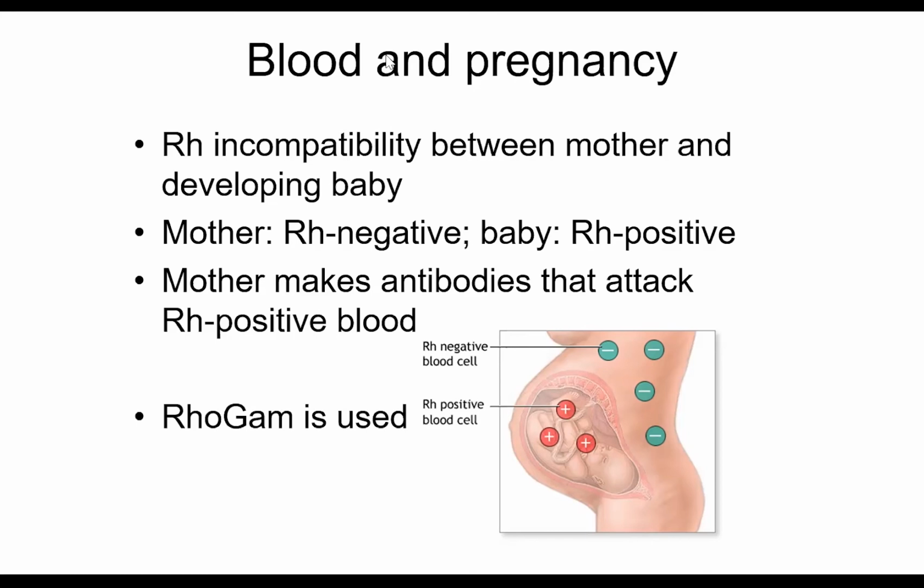Therefore, drugs such as RhoGAM, which is an antibody that binds Rh antigen, are administered to the mother to guard against an initial immune response to Rh antigen. If concentrations of this antibody are sufficient, the RhoGAM antibodies neutralize the Rh antigens of the baby's blood that contact the mother's blood during delivery.